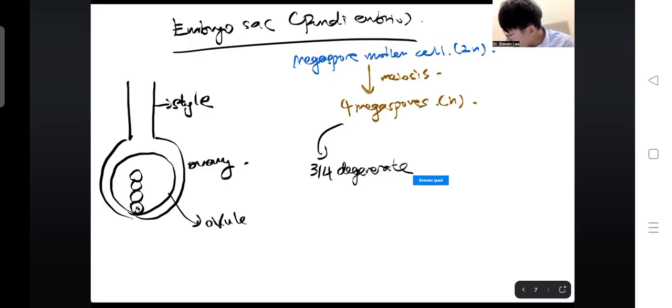That means out of the 4 megaspores, 3 will degenerate. Left only 1, which looks like this. Then students ask, in the beginning also like this, now also like this?